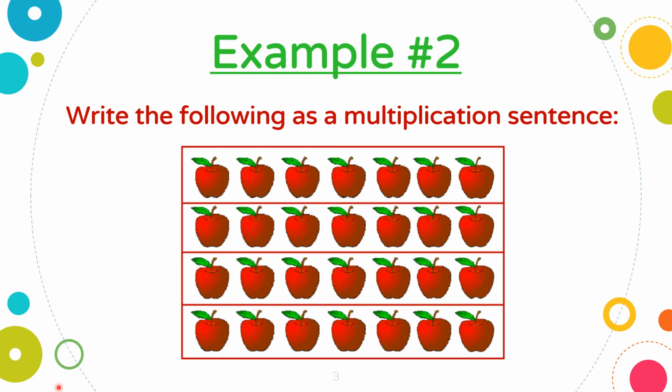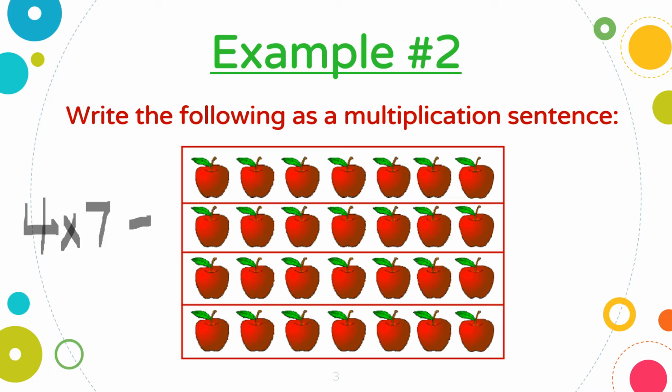All right, example number 2. Here we have a bunch of apples. So let's count the number of rows first. We have 1, 2, 3, 4 rows. And in each of our rows, there are 1, 2, 3, 4, 5, 6, 7 apples. So we have 4 rows, 7 apples in each row. That means we have 4 groups of 7, so 4 times 7 apples.